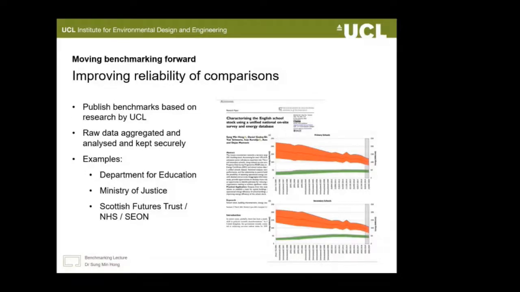So all the benchmarks that have been published so far have been included in our publications, so that there is a sense of transparency about where the data comes from and how they were generated, which we think is key to the success of publicly available benchmarks and to raising the credibility as well.